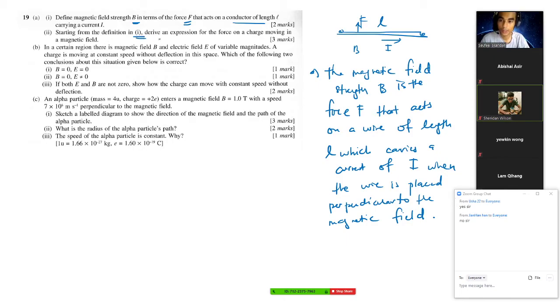Starting from the previous definition, derive an expression for the force on a charge moving in a magnetic field. So that was number 1, and this is number 2.